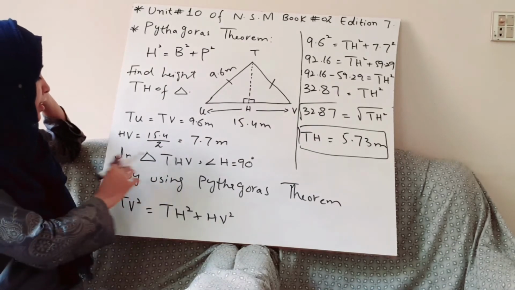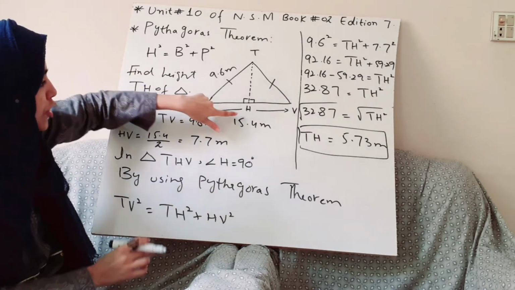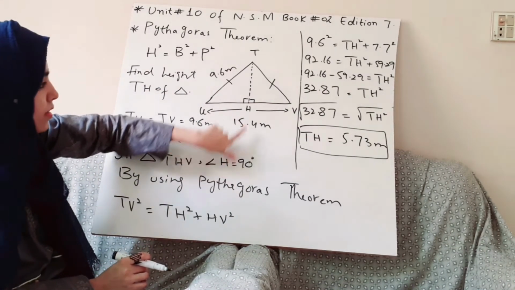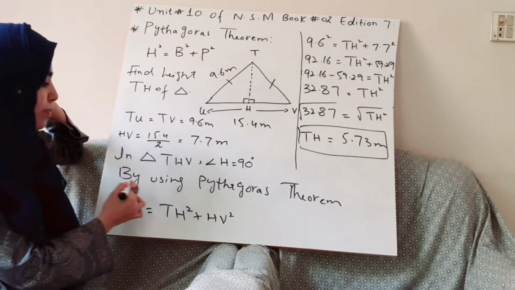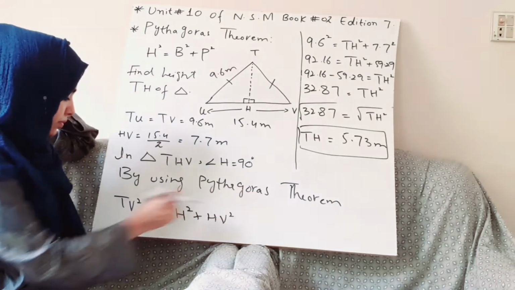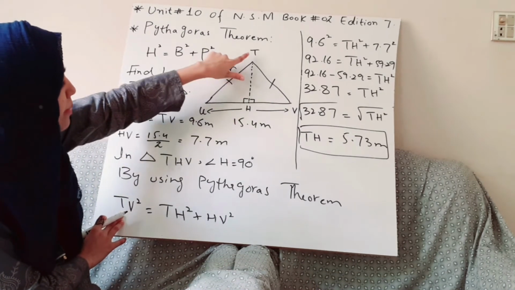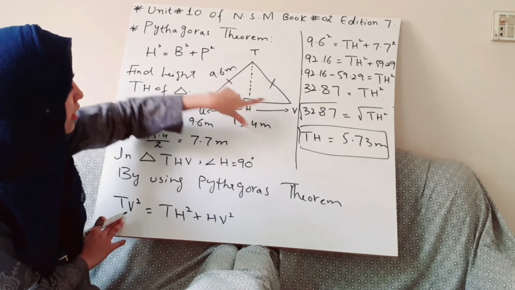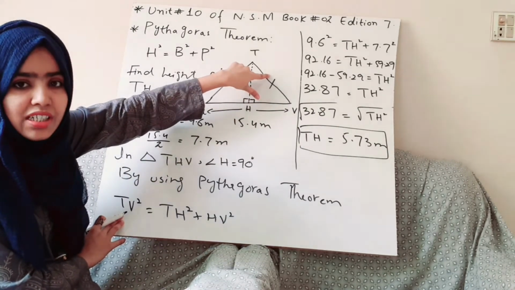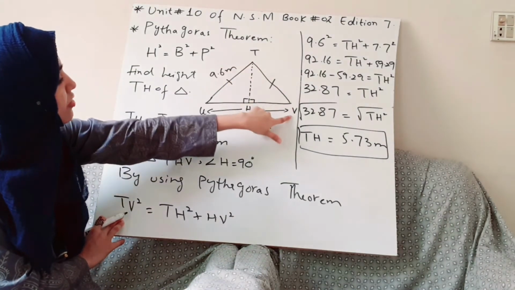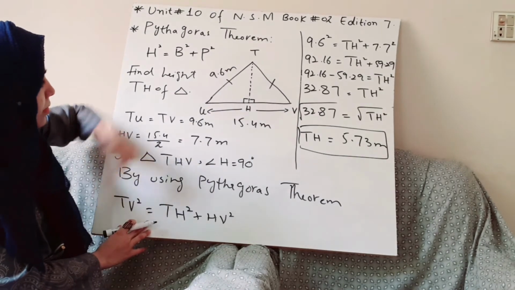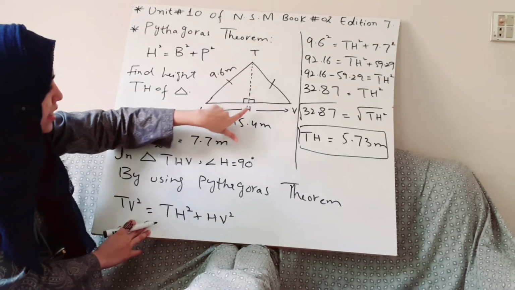So in triangle THV, angle H is 90 degrees, a right angle. By using the Pythagoras theorem, which says hypotenuse square equals... What is the hypotenuse? In triangle THV, the side opposite to the right angle is the hypotenuse. TV square equals TH square plus HV square.